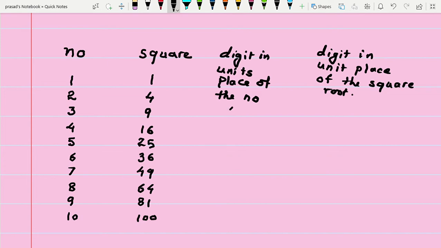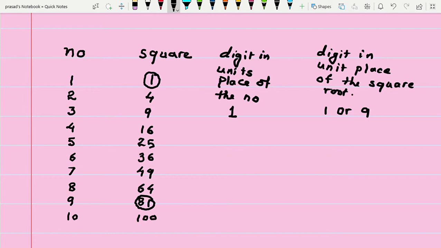So if I consider 1, 1 squared is 1, so the units place will be 1, and even 9 squared is 81, the units place is 1. So the digit in the units place of the square root can be either 1 or 9.